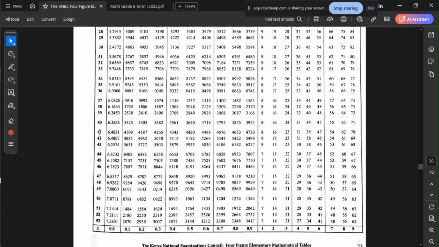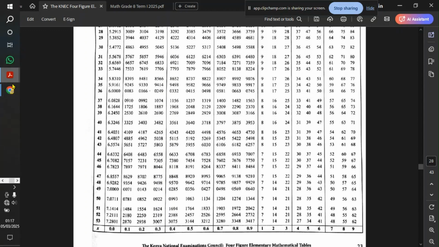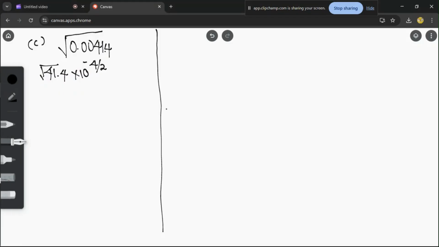So 41.4 is somewhere here, and I pick 6.4343. So I write 6 point. The square root of this one is 6.4343.